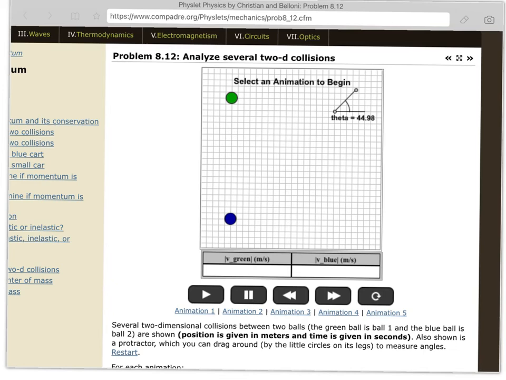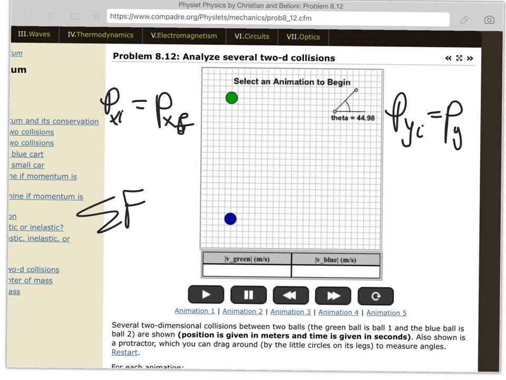And you do need to keep in mind that when we go into 2 dimensions, we have to separate out the components. Px initial will equal Px final, and Py initial will be equal to Py final, just like we did with the sum of the forces equals Ma.